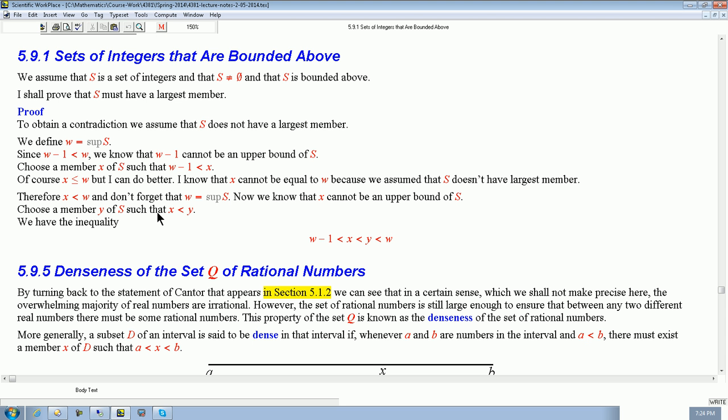It's fine. But how do you know that Y is not more than W? W is the supremum of S, an upper bound. Y is certainly not more than W. How do you know that Y is not equal to W? Y is a member of S. W cannot be a member of S, because we said that S doesn't have a largest member. Do you understand?